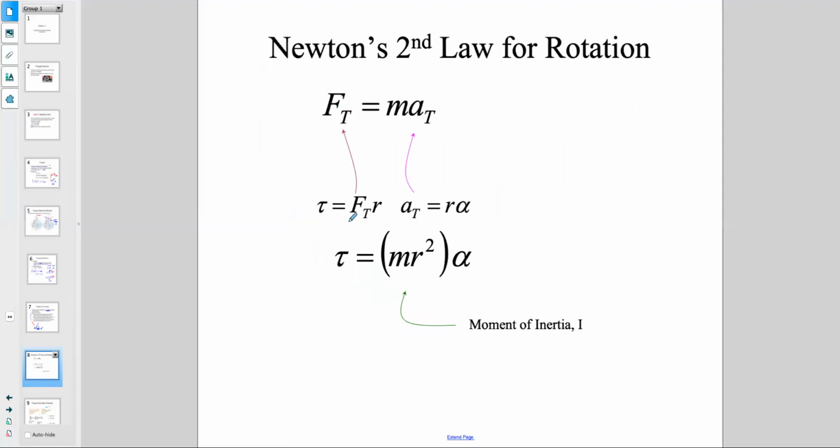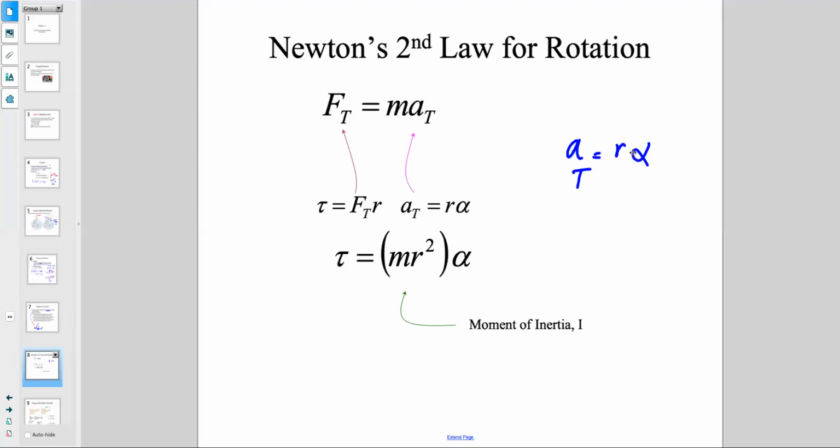But we know that torque is F times R, or F of tangent times R. And a here is a of tangent, and we know that a of tangent has a relationship with the rotational acceleration alpha through this relation here. I have proved all of these in the previous chapter video, Chapter 10. So go ahead and watch that if you don't remember it. But remember that a of tangent is R alpha.